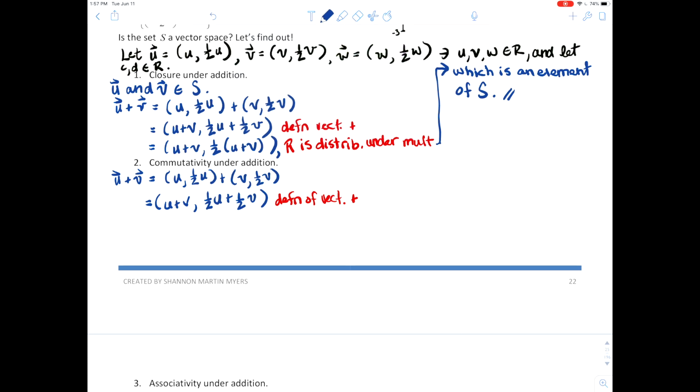All right, so next up, this is equivalent to v plus u. Remember, we're in the real numbers now, so we can use the commutative property to commute these terms in the sums. And we can do that because the set of real numbers is commutative under addition.